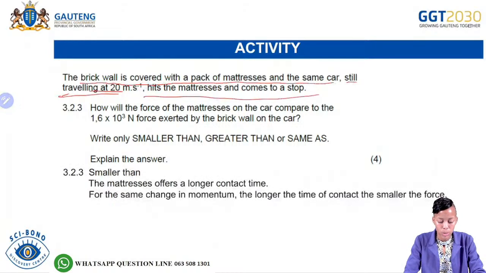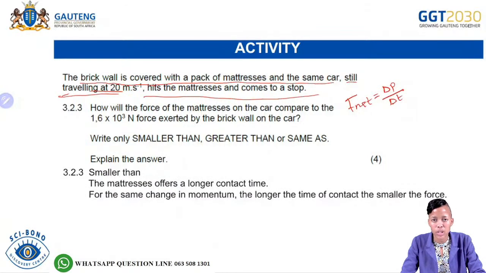Okay. So the answer for 3.2.3 is smaller than, and then how are we going to explain that? So we are going to use this formula here, which says F net equals change in momentum divided by what? Divided by the change in time. Okay.